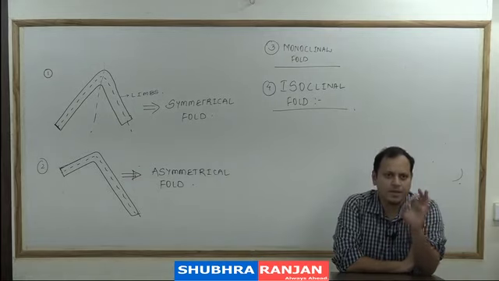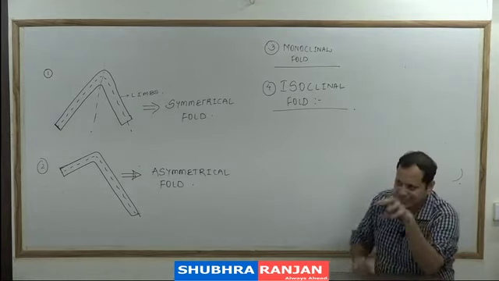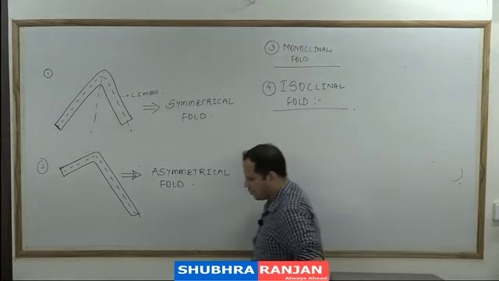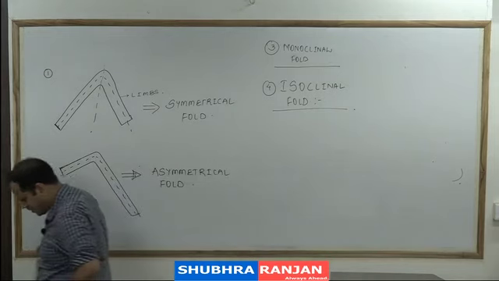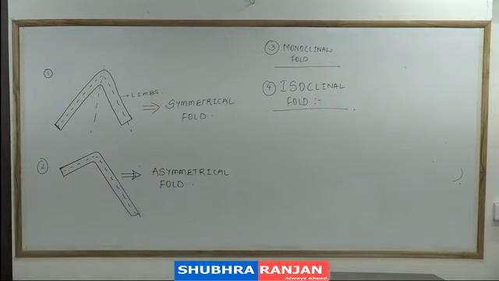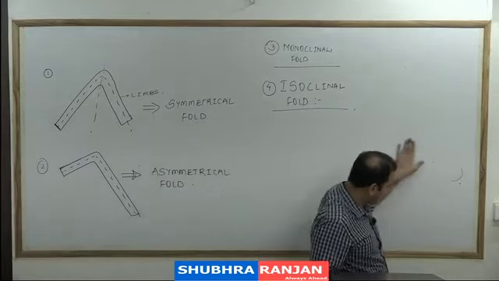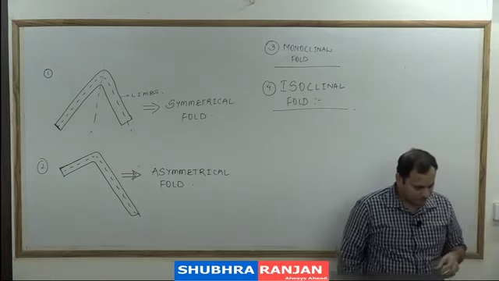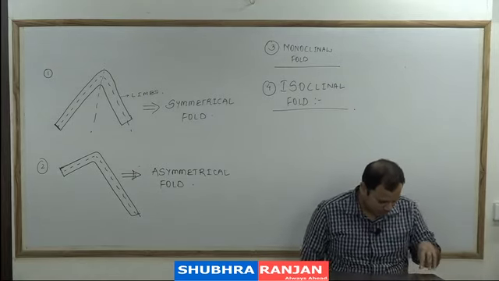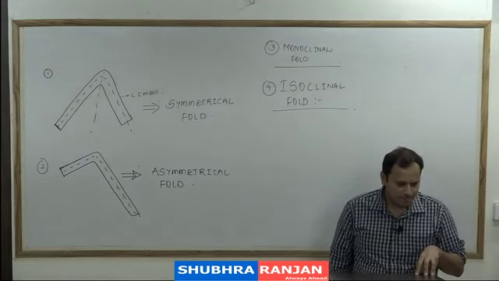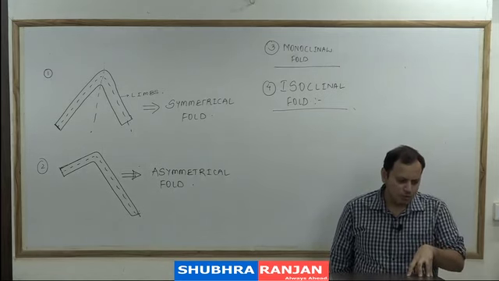Monoclinal: if one limb of a fold is steeply inclined while the other limb is gentle, it is known as a monoclinal fold.